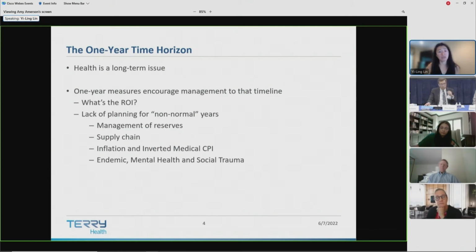The other things on the slide that I've just pointed out are things that we all know just from the last couple of years that are crazy things that are happening, right? We have supply chain issues, people having trouble getting the things that they need. We have a situation now where medical inflation is actually under normal CPI, which is completely abnormal, right? Normally CPI, as we've experienced in decades, is very low, and medical inflation is higher.